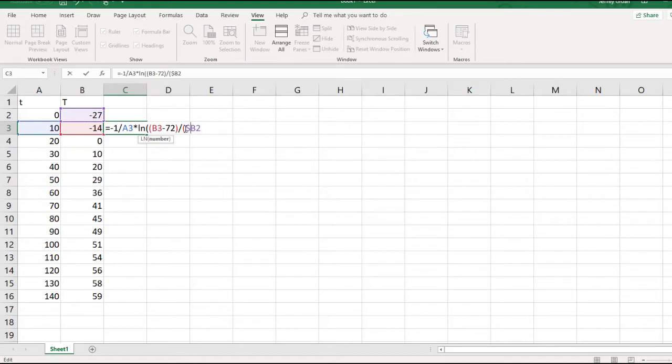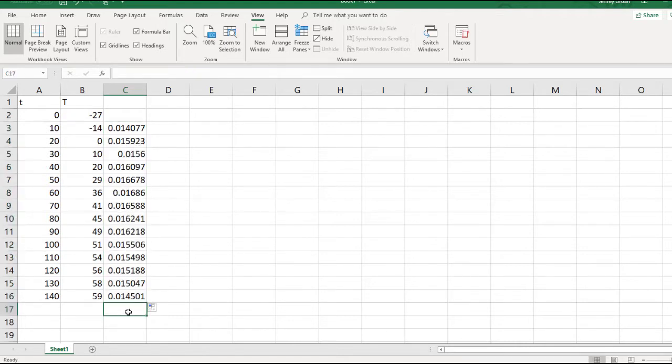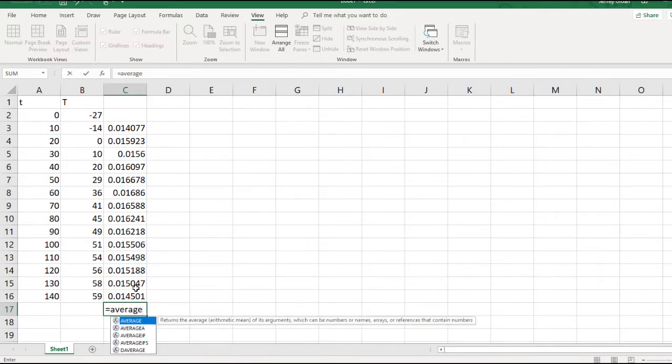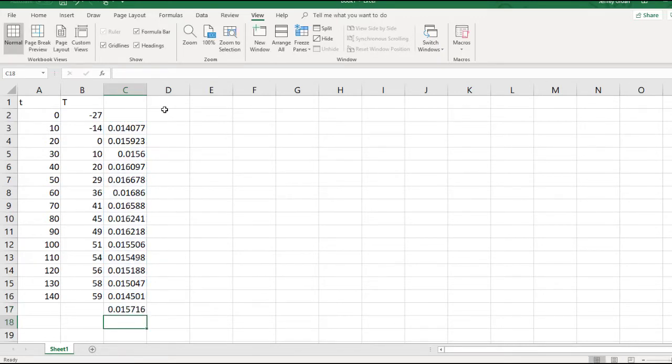That needs to be an absolute reference, so I'm going to put dollar signs around that, minus the ambient temperature, which was 72. This gives us an estimate for the cooling constant, but there are different estimates at different times. So we have all these different estimates for K. What we'll do is take the average of these and use that as our best estimate for the cooling constant.